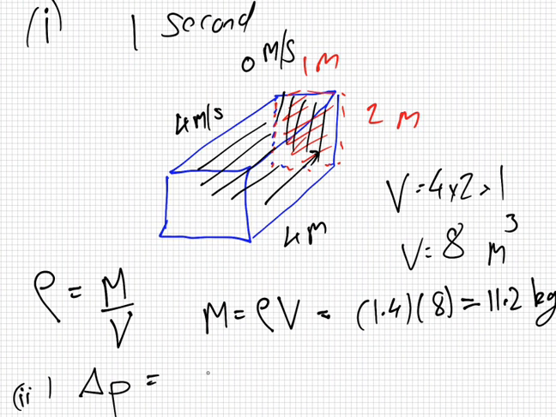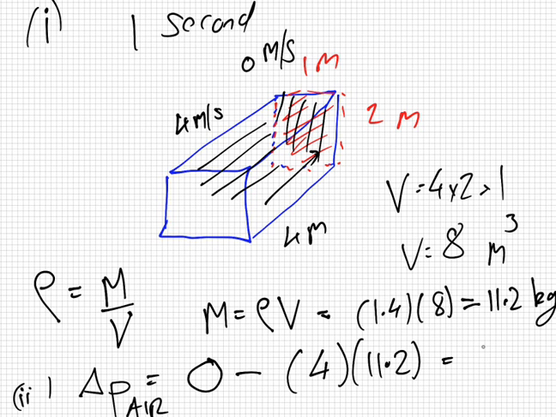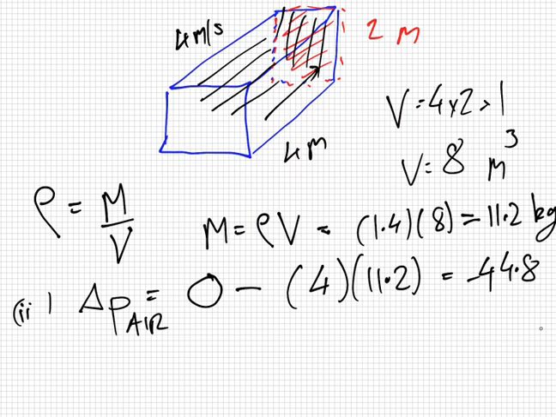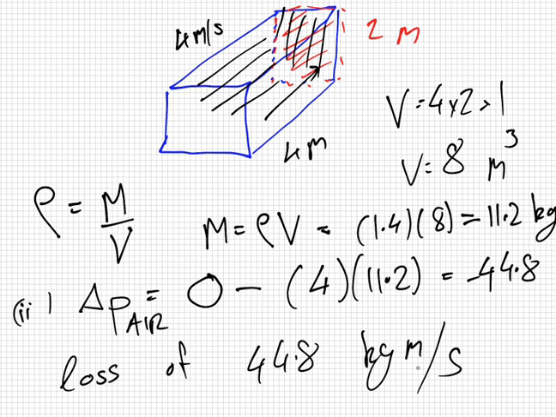That's the momentum after minus the momentum beforehand, which is 4 multiplied by 11.2, because momentum is mass multiplied by velocity. So this here is 44.8. And the minus means it lost it. So it's a loss of 44.8 kilogram meters per second.